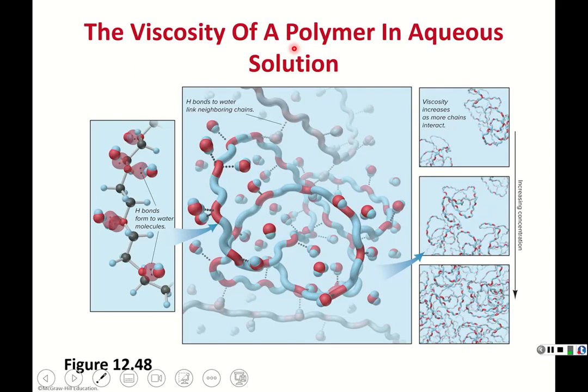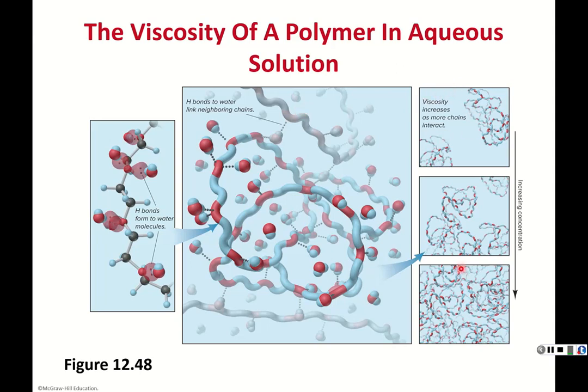Polymers would typically be thought of as being viscous in aqueous solutions. One reason is that water can interact with the polymer, if they can H-bond to the polymer itself and stick the different chains of the polymer together. Viscosity would increase as more chains interact.